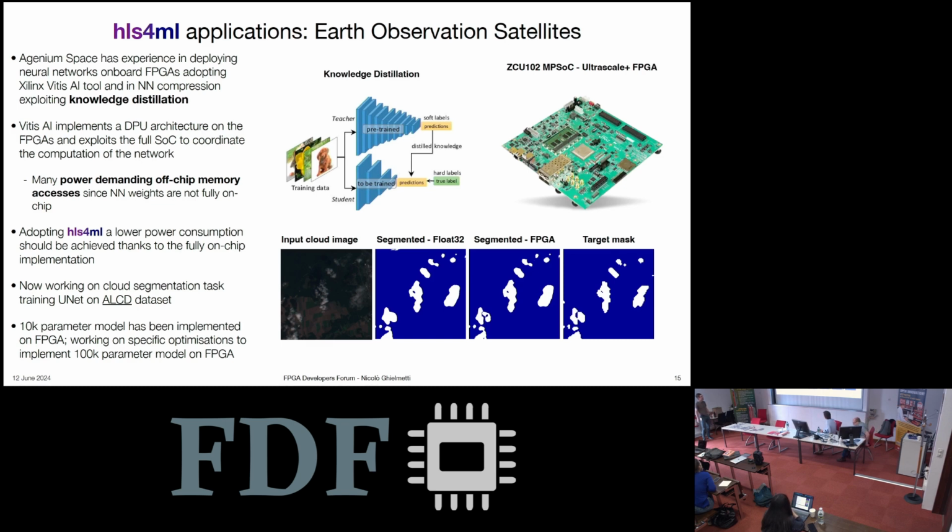For the moment, we managed to implement the 10K parameter model for the cloud dataset. In this case, it is another dataset, but it will be very similar to the final case. We are working on some specific optimizations in the HLS library to reach the 100K parameters.